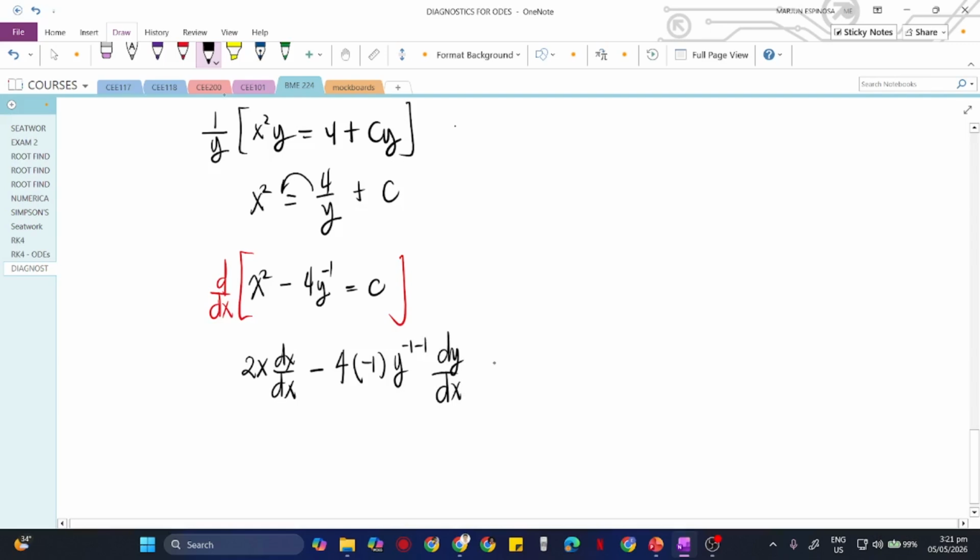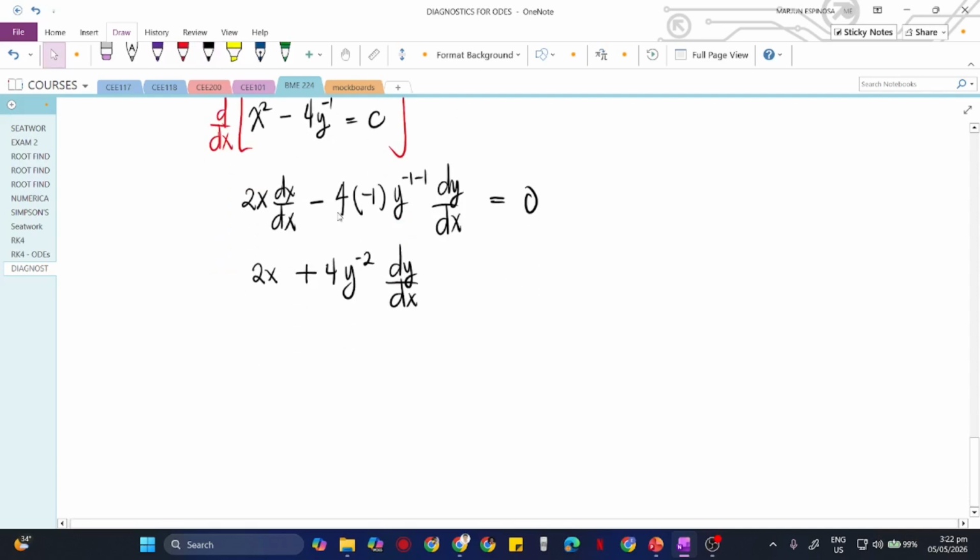That is equivalent to the derivative of a constant, which is automatically 0. Now, we can simplify this further, where dx over dx is simply 1. This negative 4 times the negative sign will become positive 4, and then we have y to the negative 2, times dy over dx.